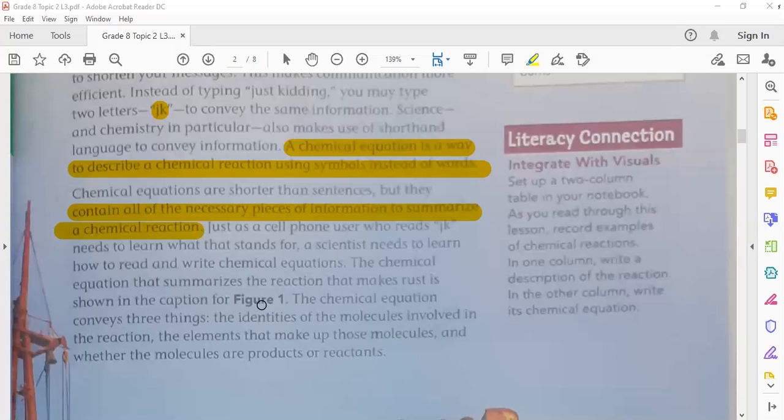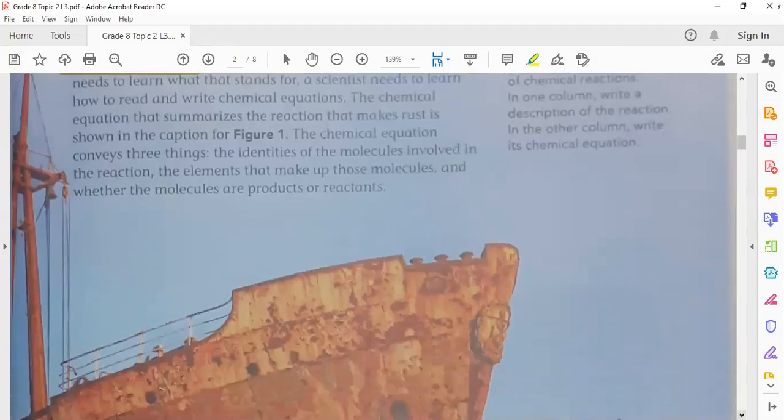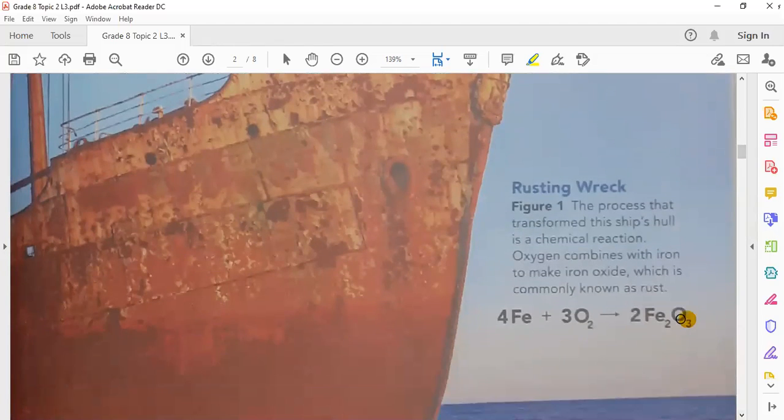The chemical equation that summarizes the reaction that makes rust is shown in the caption, Figure 1. This is an example of a chemical equation. It shows the formation of rust.